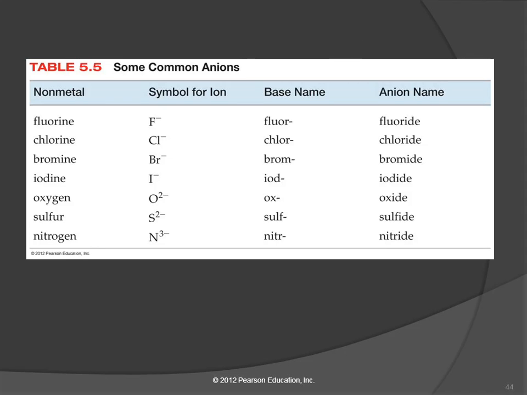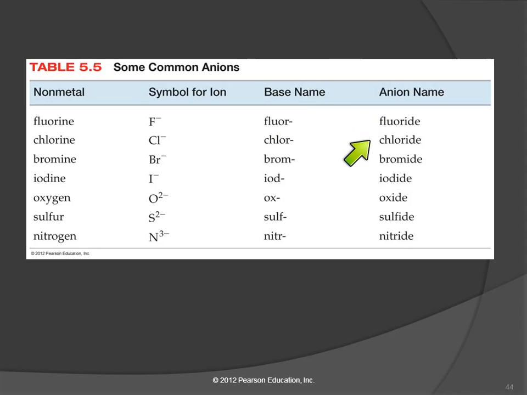So here's an example of these common anions, and we've learned to predict their charges from the periodic table already, but this is just showing you what happens to their names. Fluorine, and remember there's no flour in fluorine, F-L-O-U-R, use that to make cookies. That's not in chemistry. It's UO. Fluorine, symbol is F-. This is the base name, and we change the ending to "ide," we get fluoride.